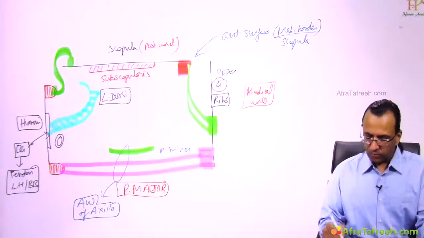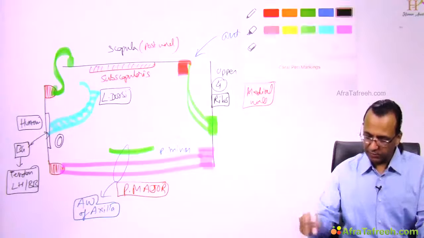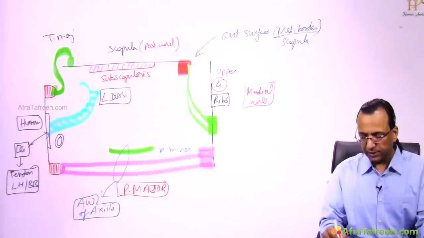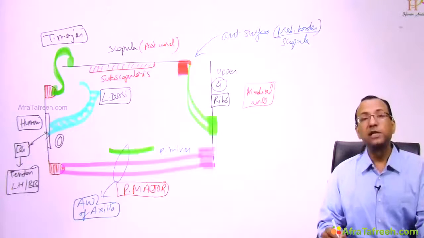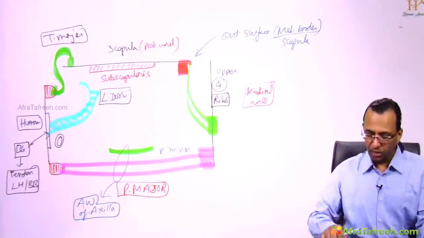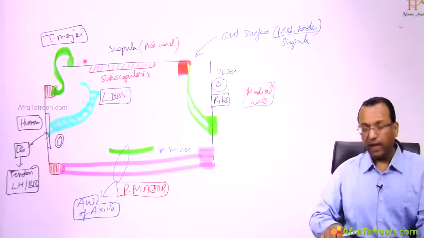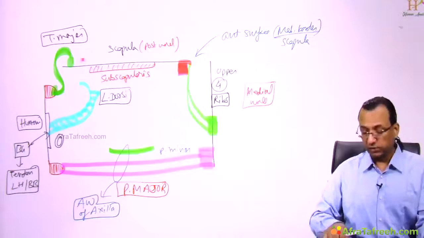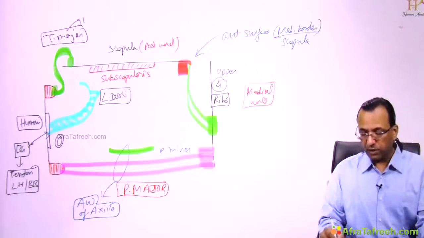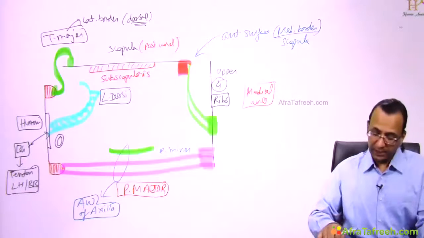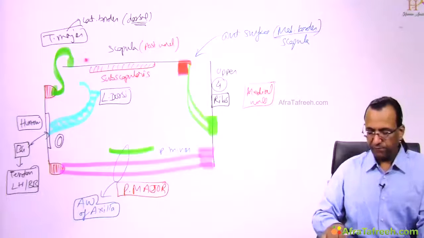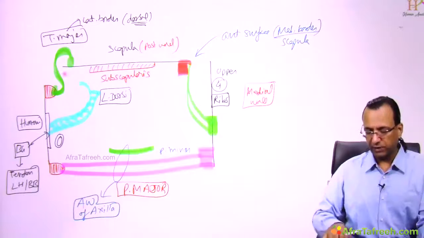This is the muscle called the teres major muscle, which is on the lateral border of the scapula but dorsal surface. So teres major comes from the lateral border of the scapula, dorsal surface, inserting into the medial lip of the bicipital groove.